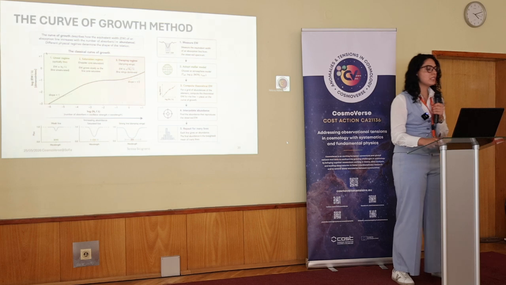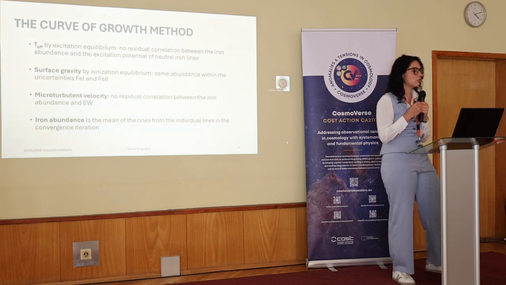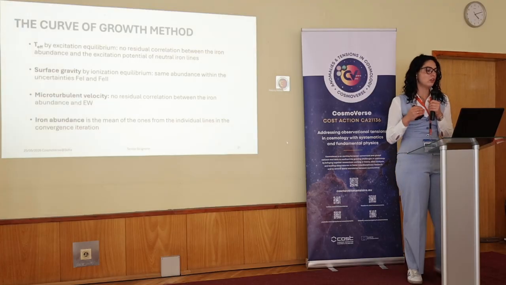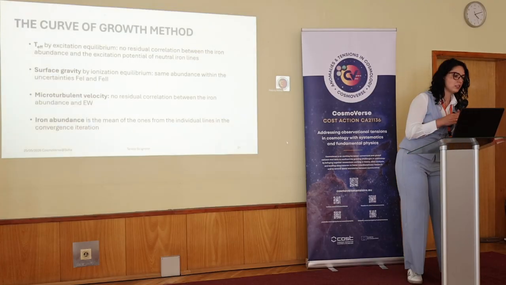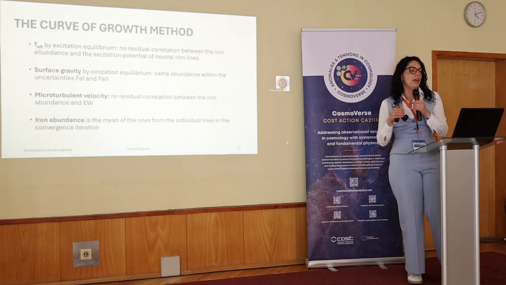And for instance, this is done, for the effective temperature, by requiring no residual correlation between the iron abundances of a line and the excitation potential of the neutral iron lines.